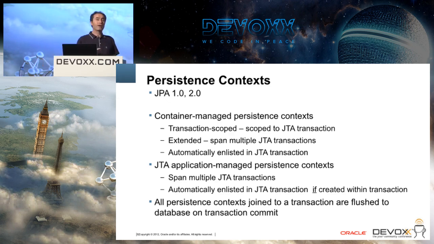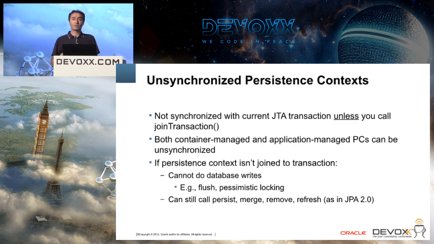But if you create an entity manager and there's already an open transaction, automatically it will hook up. That's just the way it works. It hooked itself up to the transaction. So these are all nice default behaviors, but they don't work all perfectly for some use cases. And again, at every commit, any entity manager that's connected to a transaction will get flushed and committed to disk. So now we've introduced this new persistence context type.